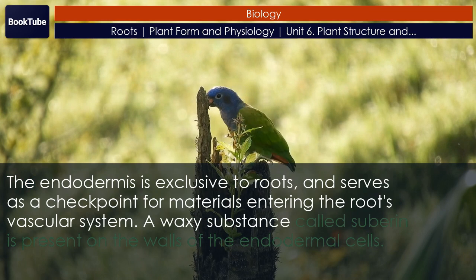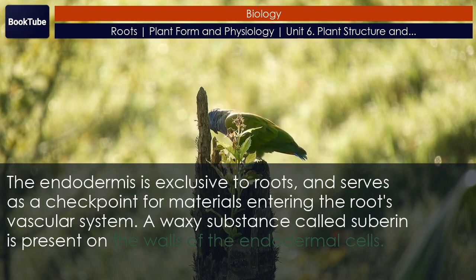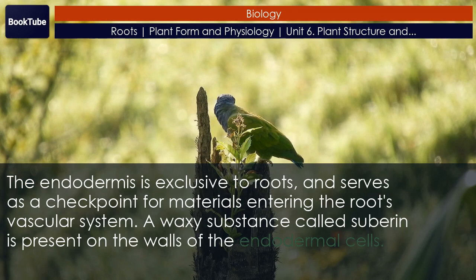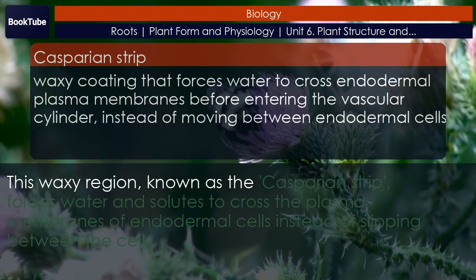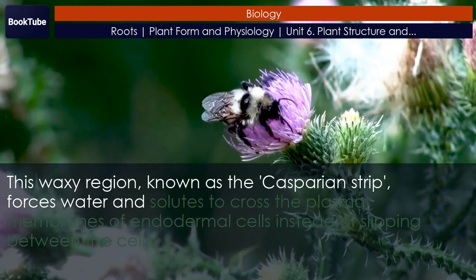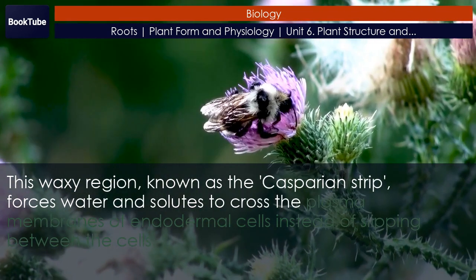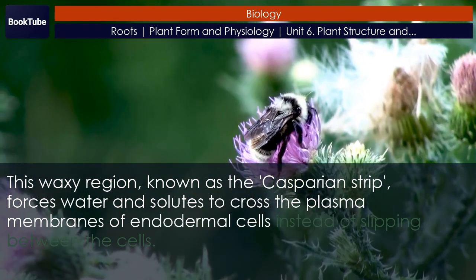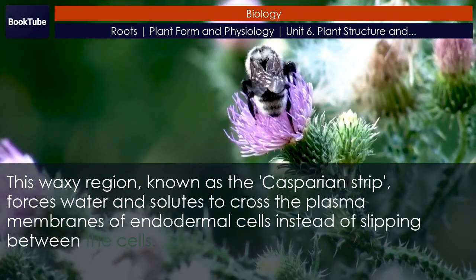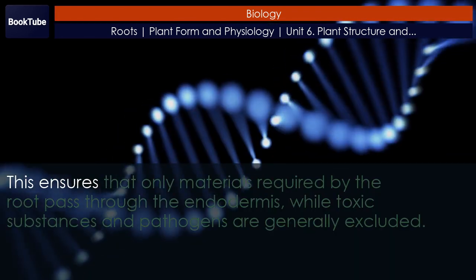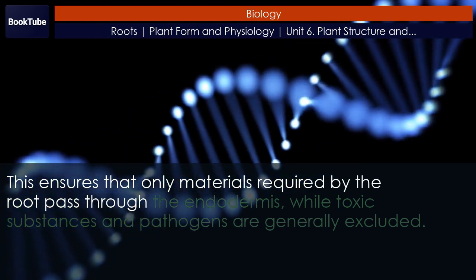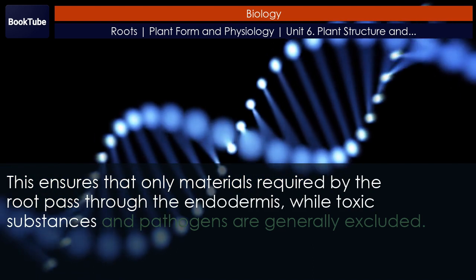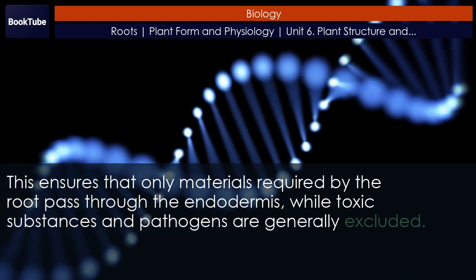A waxy substance called suberin is present on the walls of the endodermal cells. This waxy region, known as the Casparian strip, forces water and solutes to cross the plasma membranes of endodermal cells instead of slipping between the cells. This ensures that only materials required by the root pass through the endodermis, while toxic substances and pathogens are generally excluded.